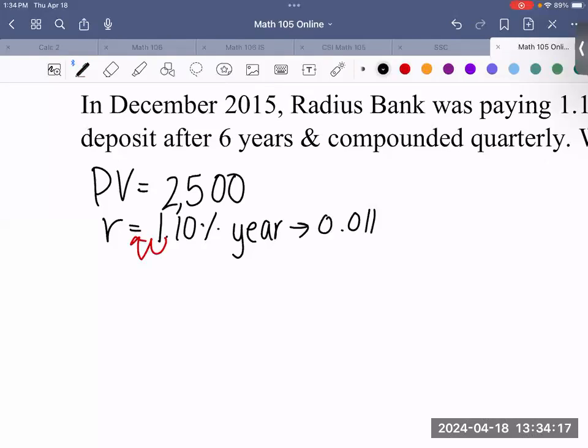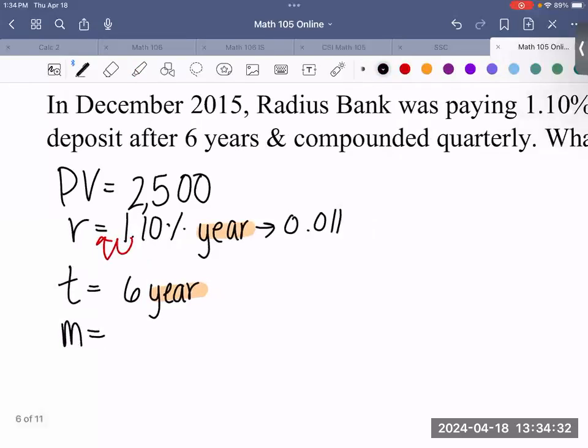Your time, we said, is 6 years. So these match. We like that. It looks good. And M, how many compounding do we have? Quarterly. So how many quarters are in a year? There's 4 quarters in a year.